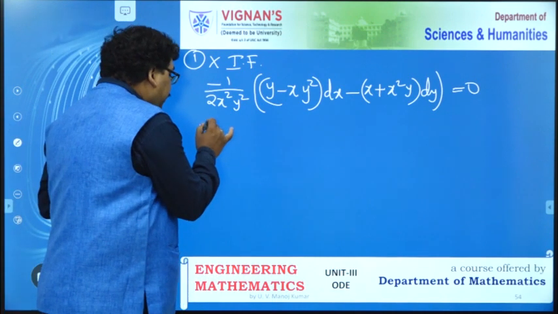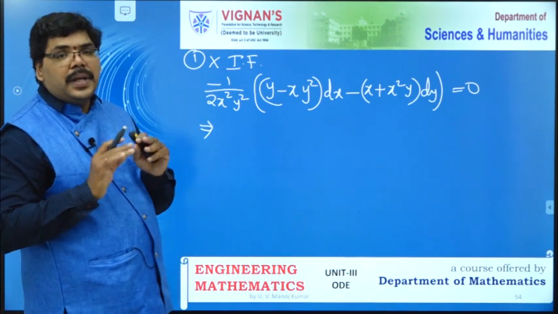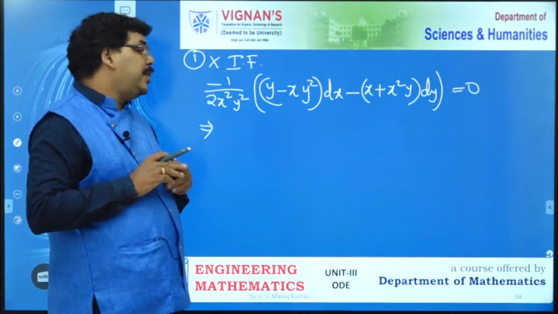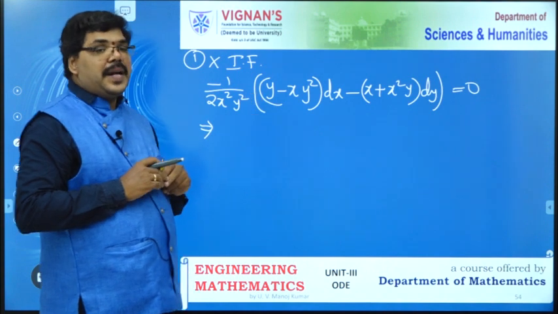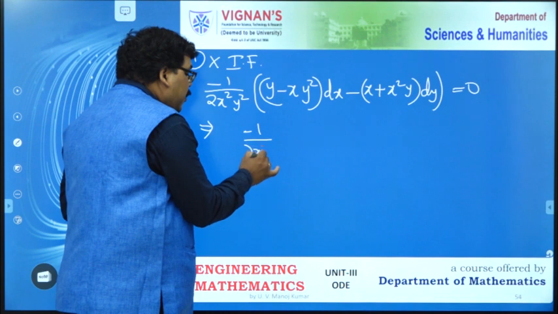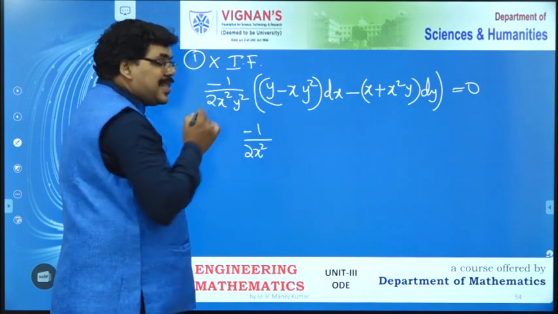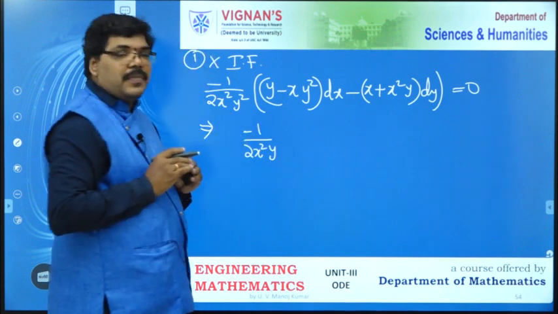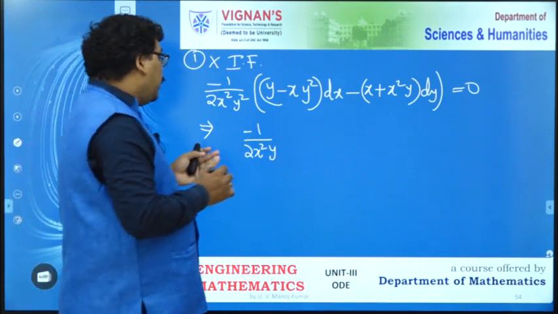So simplify term by term. Don't write direct answers. Simplify term by term. Y into integrating factor becomes minus 1 by 2 x square. Y cancels in y square, so the denominator remains with y.